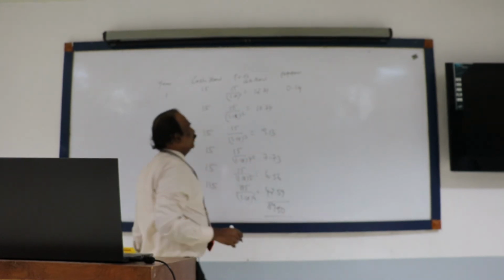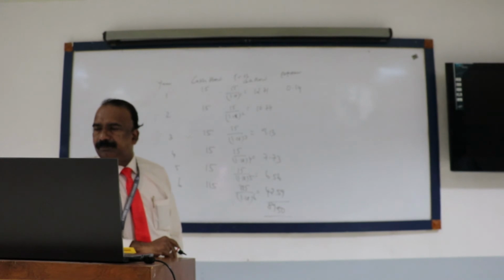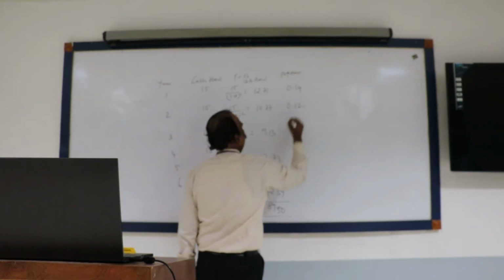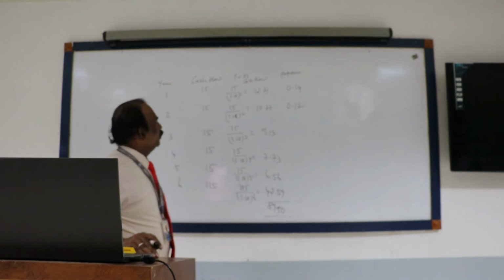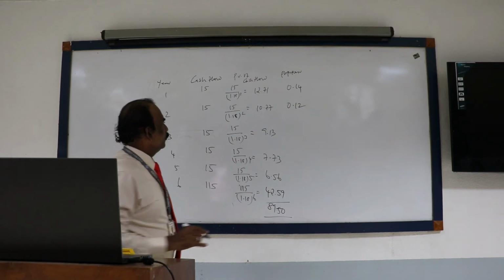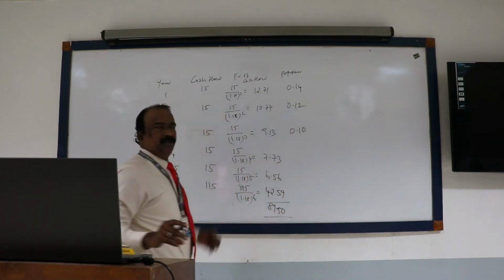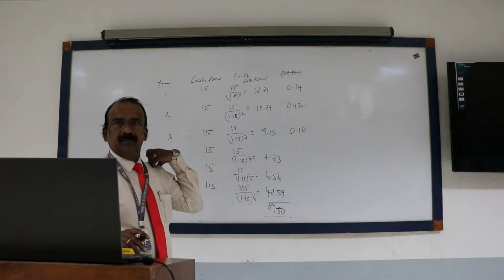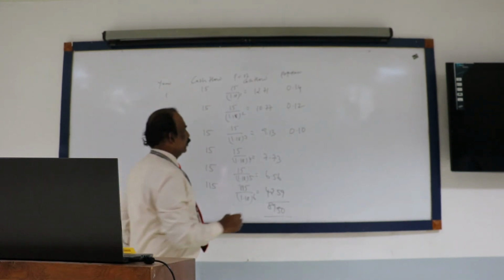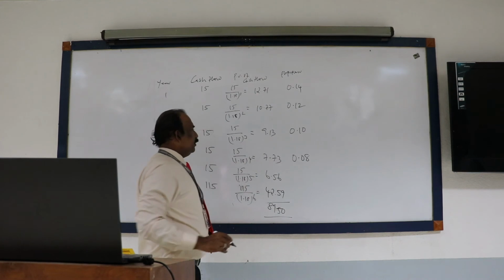Then for the second, take two decimals and calculate the proportion. 0.12. Third one, 0.10. Fourth one, 0.08.